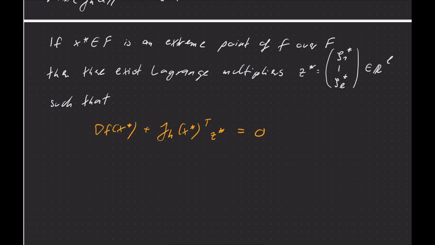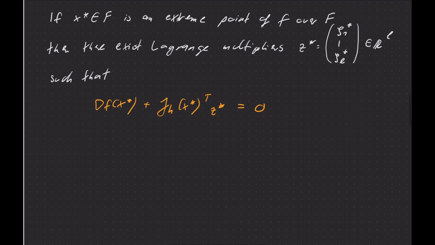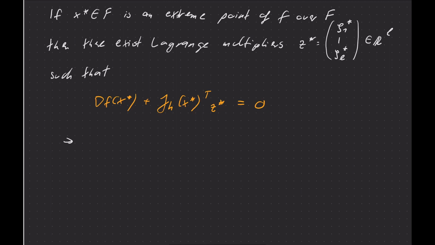And just to formulate that in a different way that might be more accessible, the gradient of F at X star plus this Jacobi transposed Z star is the same thing as taking the sum I from 1 to L over the gradients of the functions hi at X star times zeta I star.